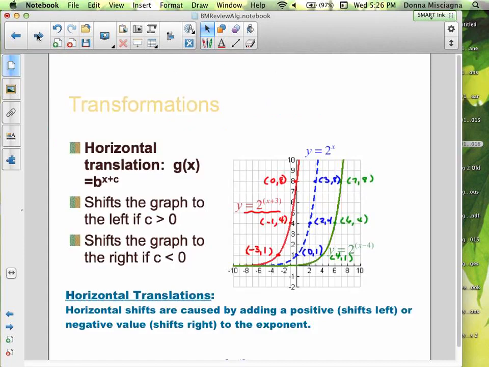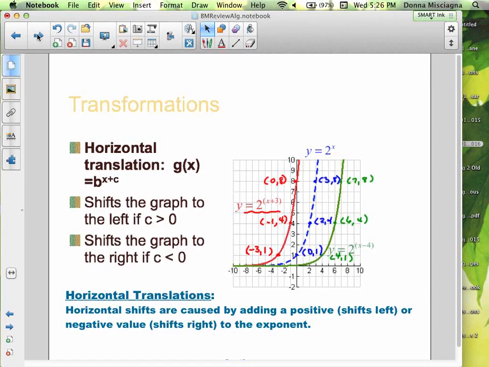All right, so some transformations. Oh, I did put the transformations in. Good. I almost forgot I had done that. So transformations of our exponential functions. When we add something, it doesn't matter what kind of function it is. Our log functions, exponential, when we were graphing square roots, our parabolas when they were in vertex form.